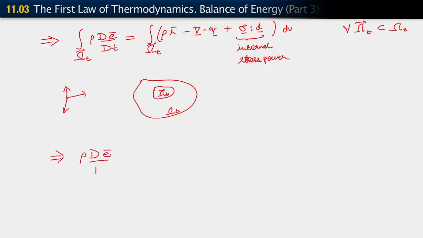So we see that the local pointwise form of our first law of thermodynamics, or the balance of energy for thermomechanical systems, is this. Once again we have the rate of change of energy.